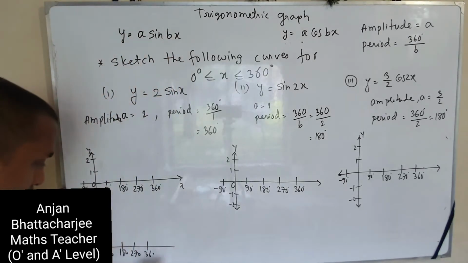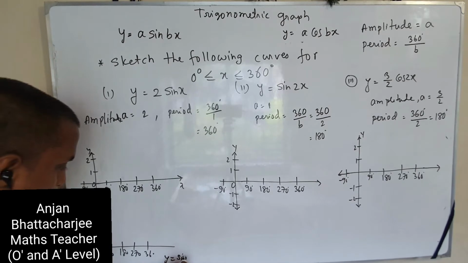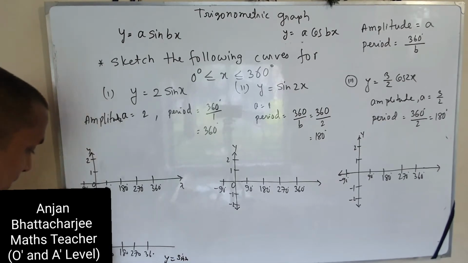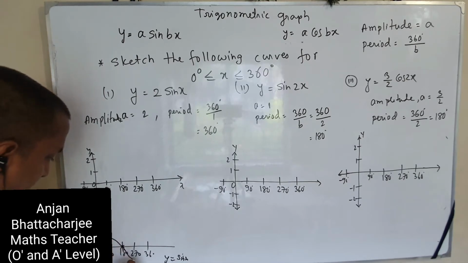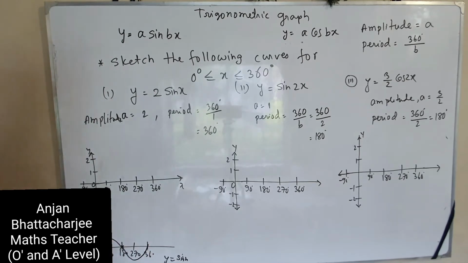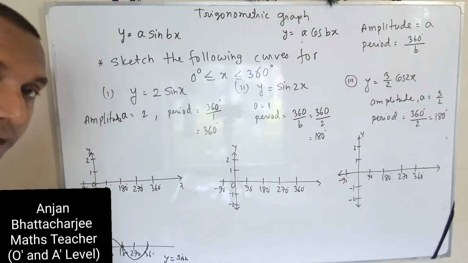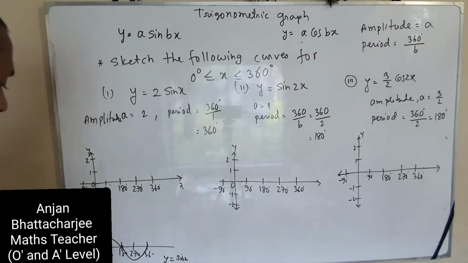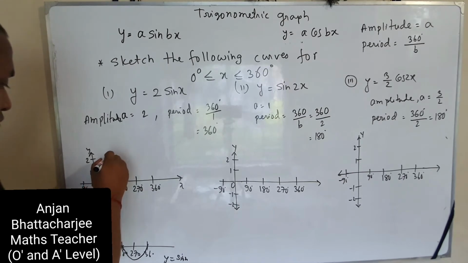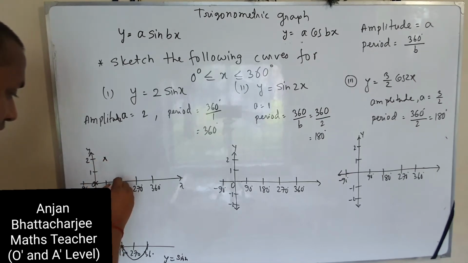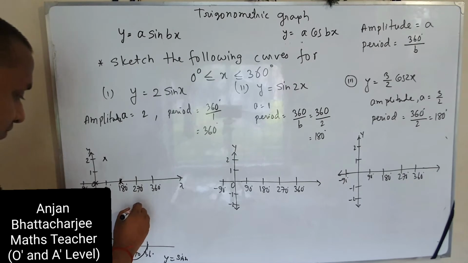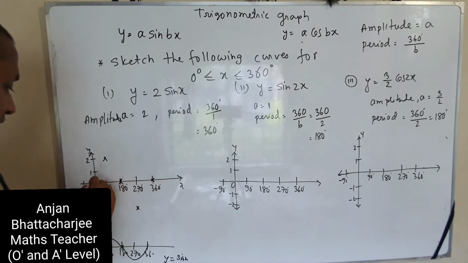If y equals sin x, at x equals 0 it is 0, then 1, then -1. It goes to a maximum of 1 and a minimum of -1. Same curve here, but it will go to a maximum of 2 at 90 and a minimum of -2 here. Now sketch the curve.